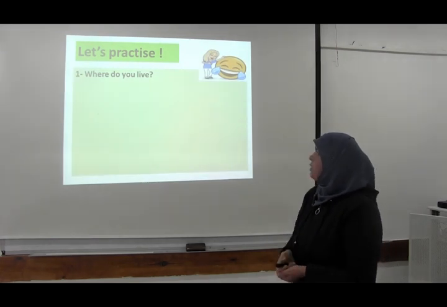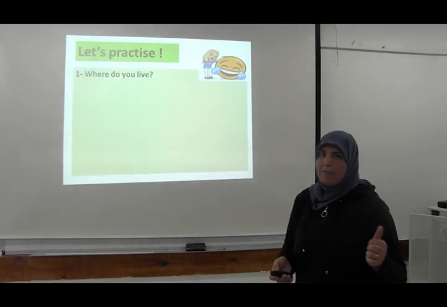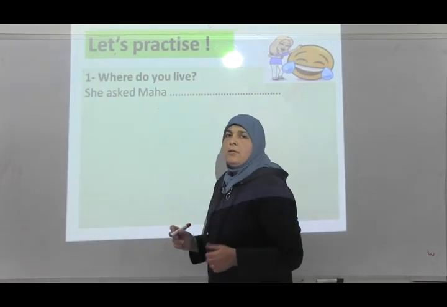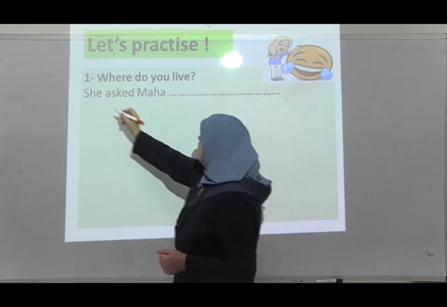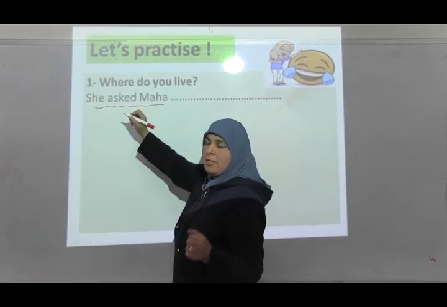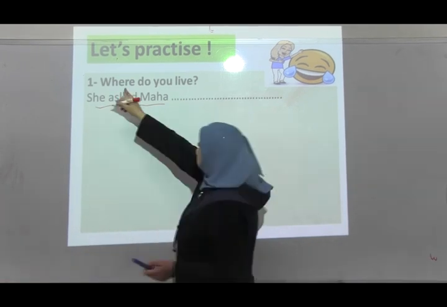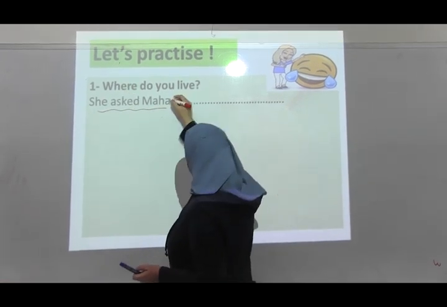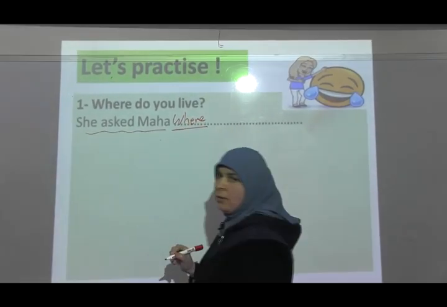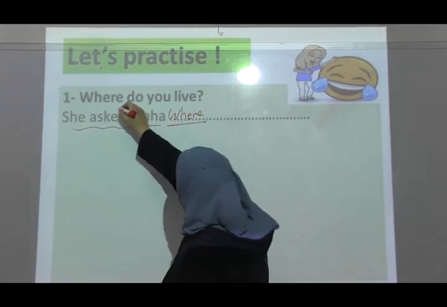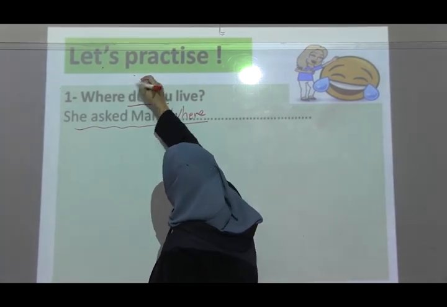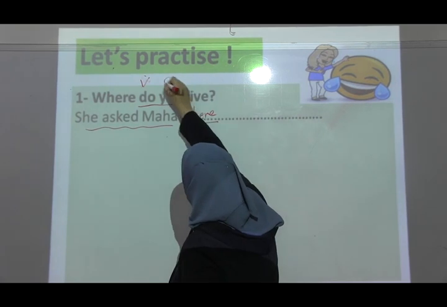The first question is, where do you live? Again, this is a WH question. We started it with a starter: She asked Maha. I start with the WH word, where. She asked Maha, where? This is the WH word. And here, do is the auxiliary verb, and you is the subject.